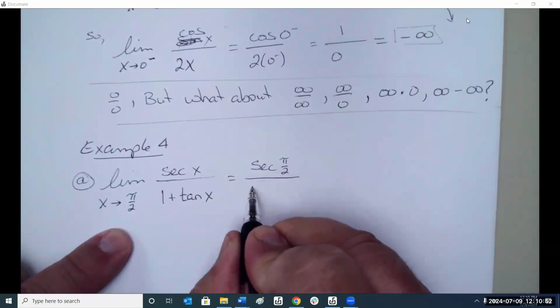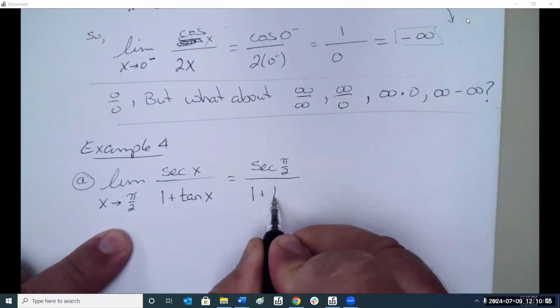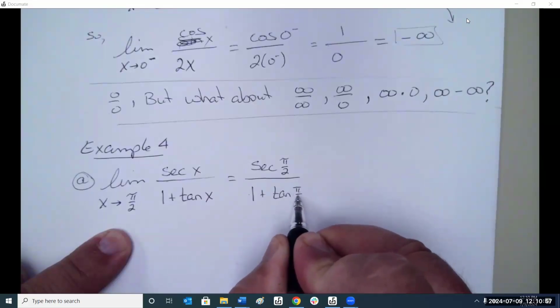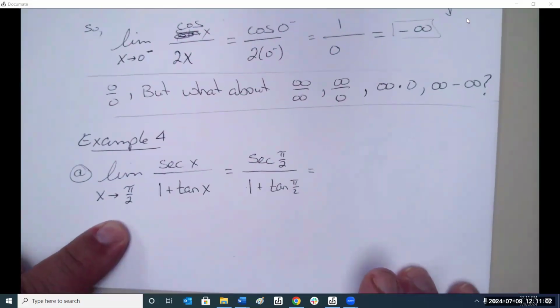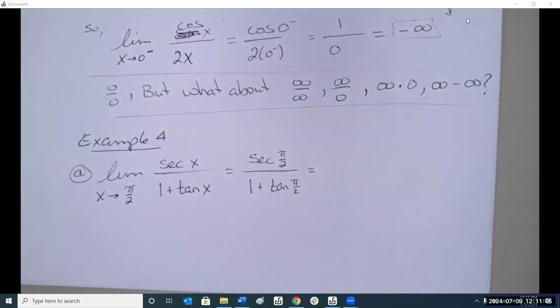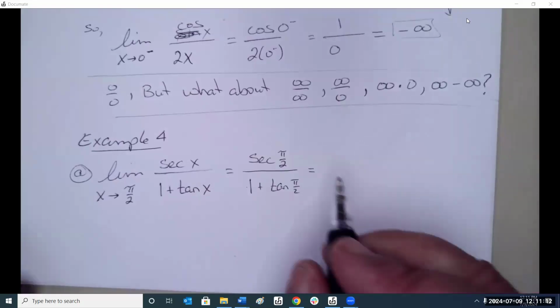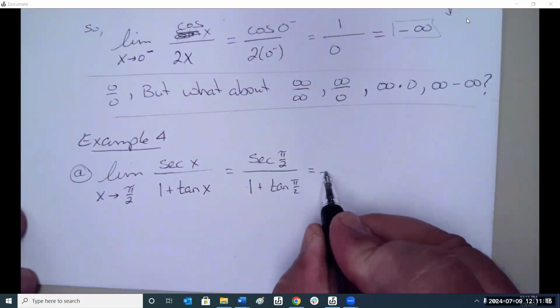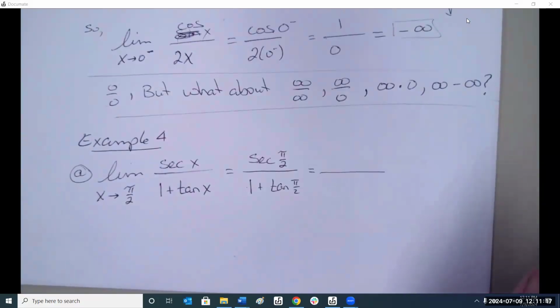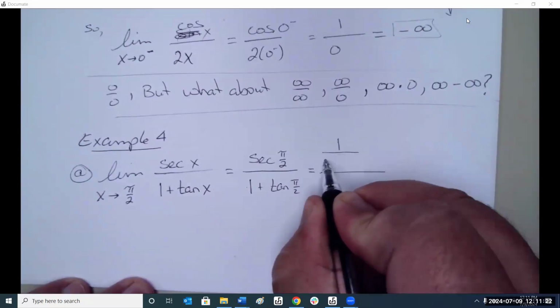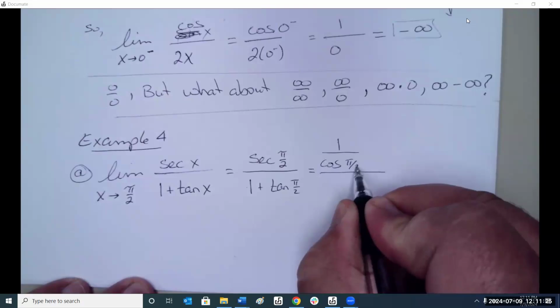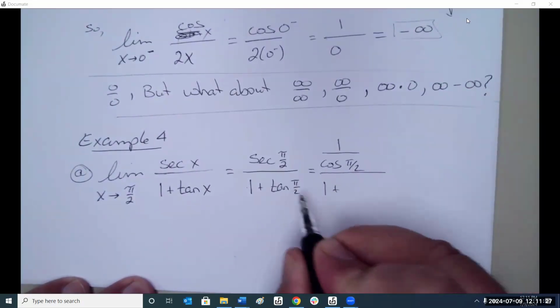Secant of pi over 2, over 1 plus tangent of pi over 2. So what is secant at pi over 2? If you don't remember, then secant is made up of what? And tangent is made up of?